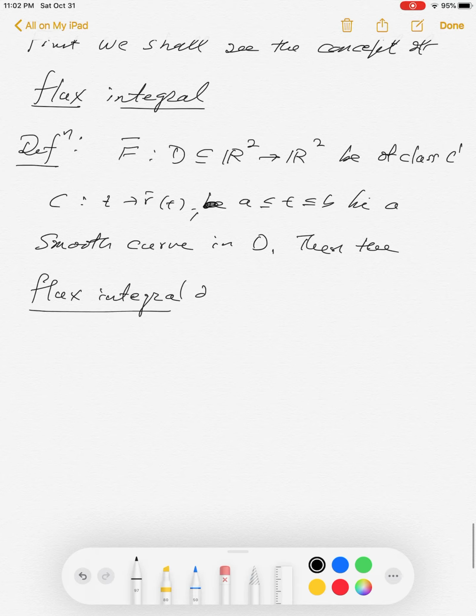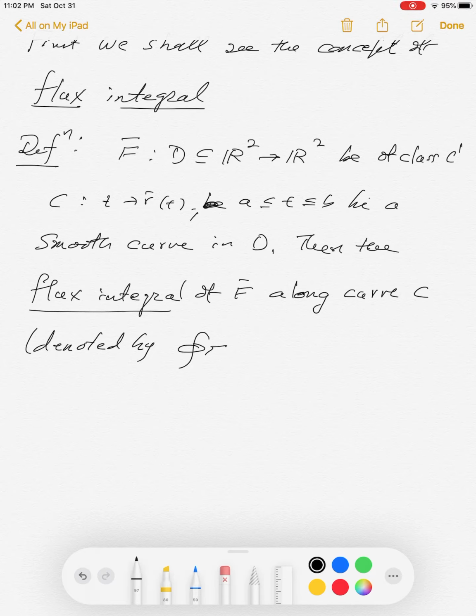Then the flux integral of F bar along curve C, denoted by, you put a little circle there, F bar dot n bar ds.